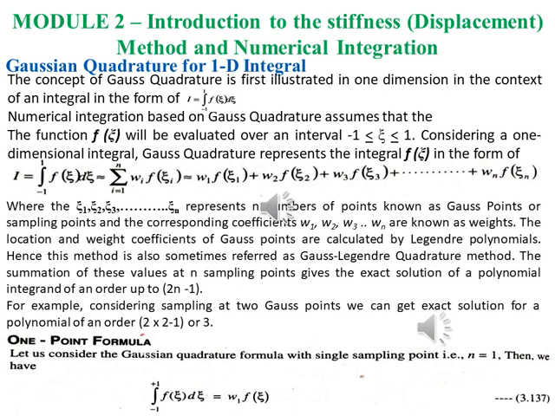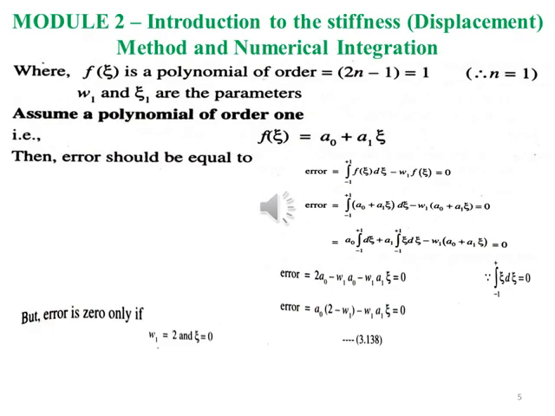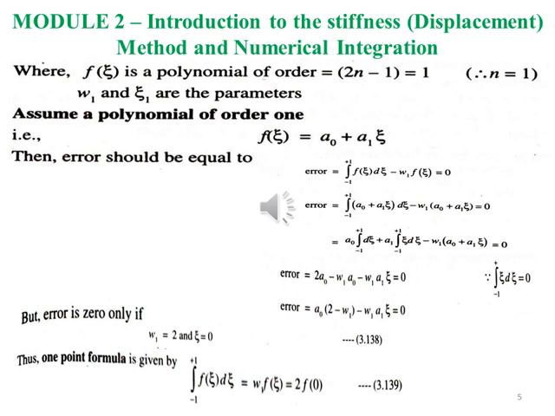Then integrating the function f of z dz from minus 1 to plus 1, we will get the relation as w1 into f of z1. Here f of z is a polynomial of the order 2n minus 1, and since n is equal to 1, we get 2 into 1 minus 1 is equal to 1. So we will have only one weight, w1, and z1 as the parameters.